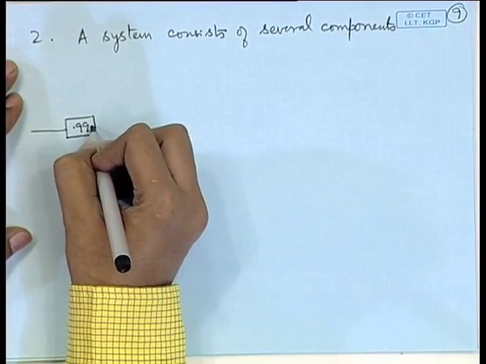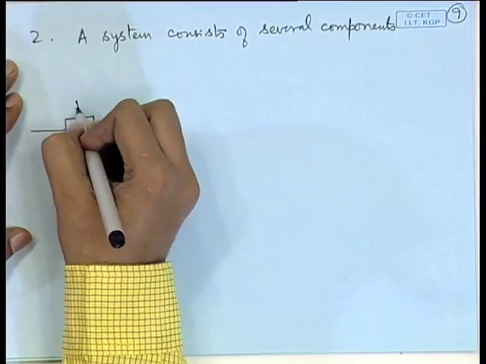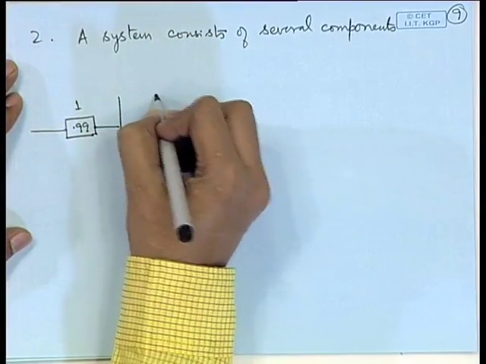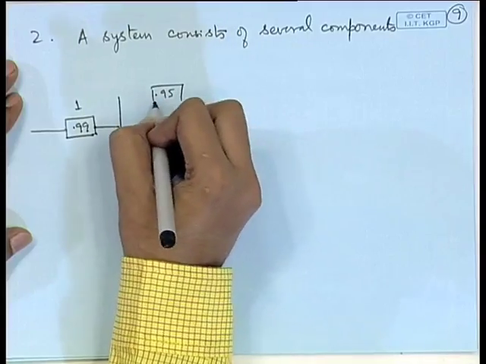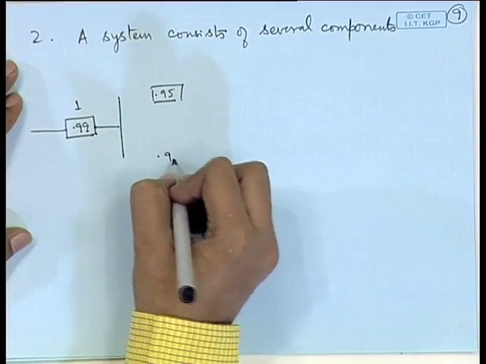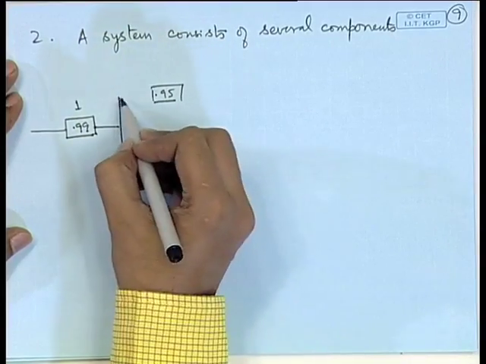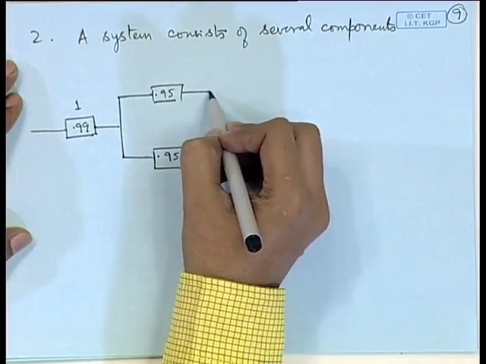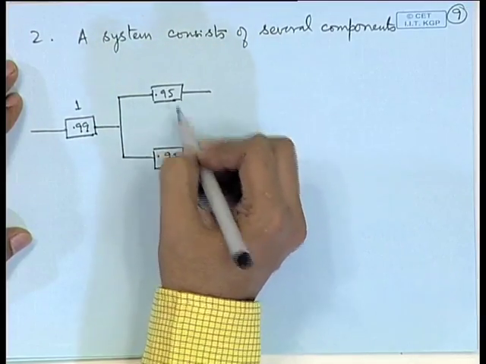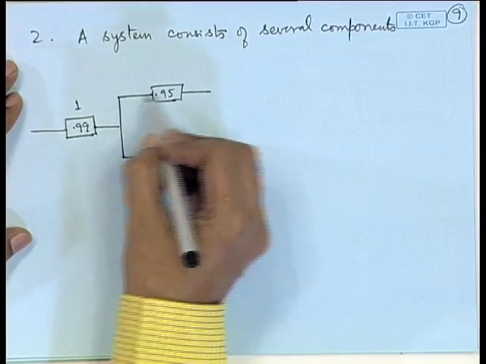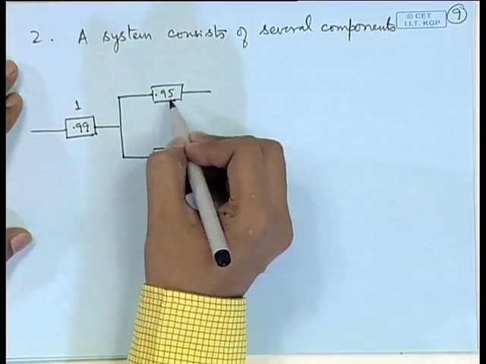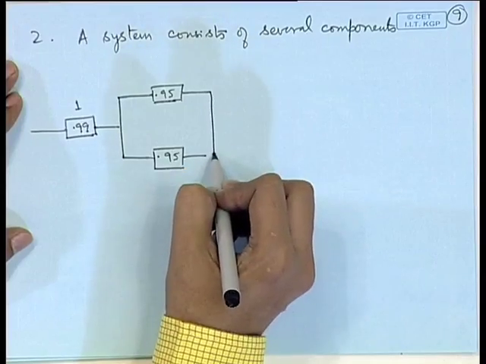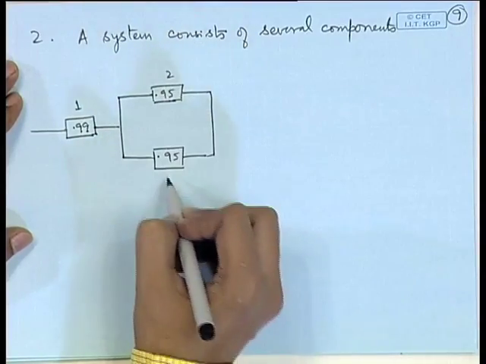So, 0.99 is the reliability of component 1 to be functioning, 0.95 for the second one. So, this second assembly here consists of two components connected in parallel. So, this particular part will be working provided any of them is working. Let us name them 2 and 3.